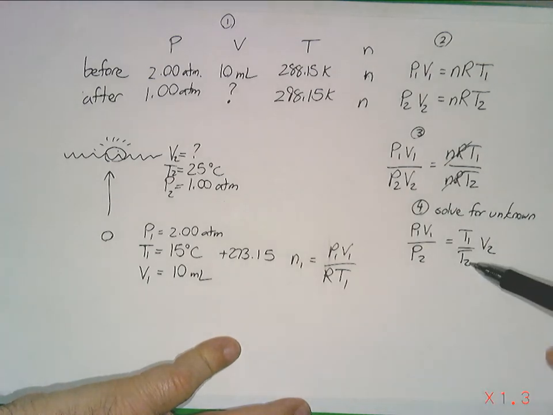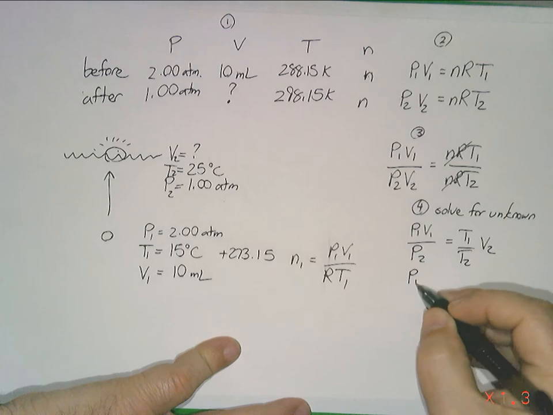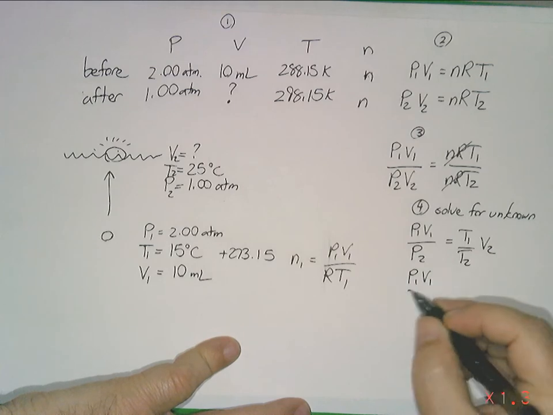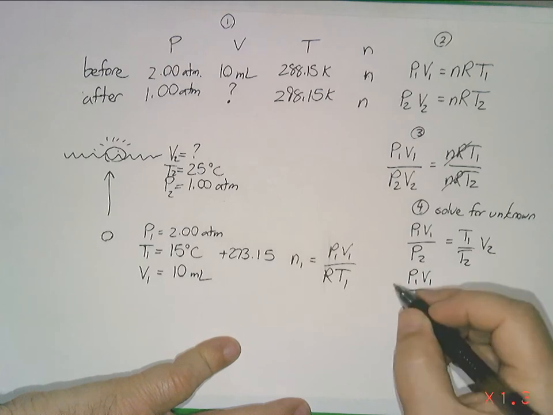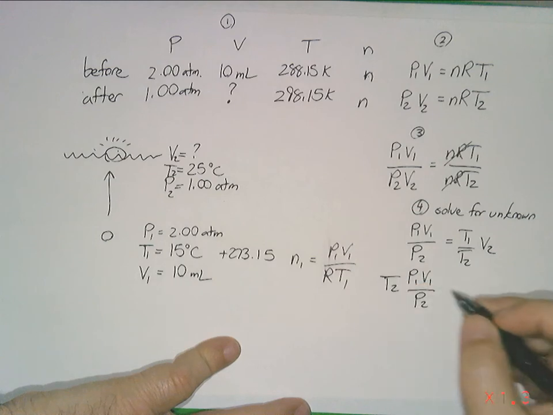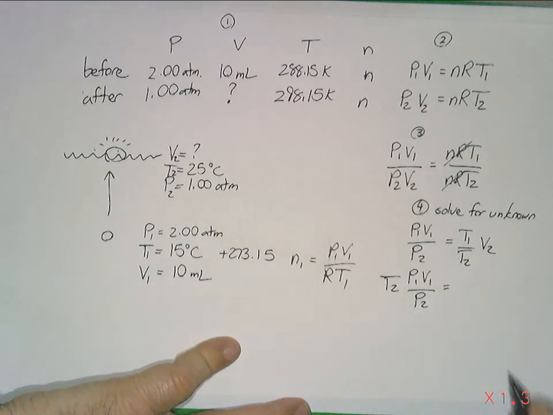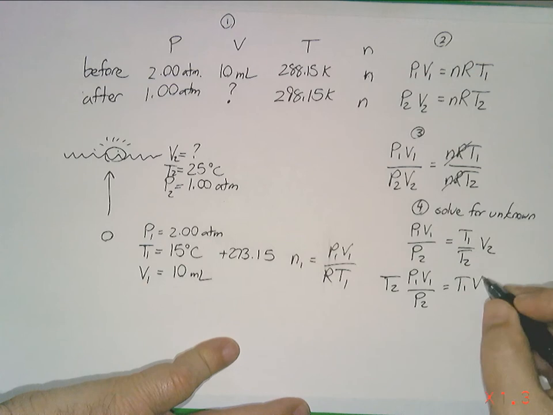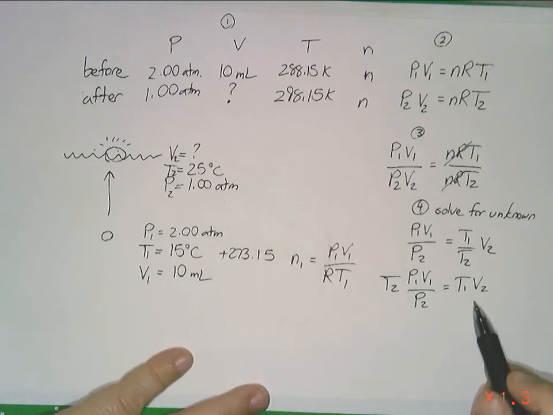Now let's get rid of the T2. I can move it over to the other side by multiplying both sides by T2. Now let's get rid of the T1.